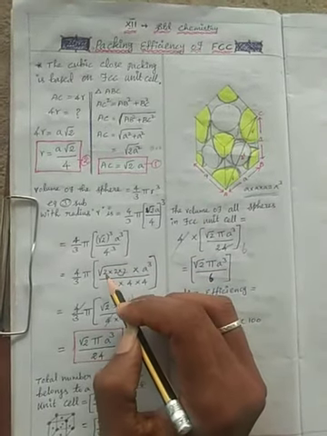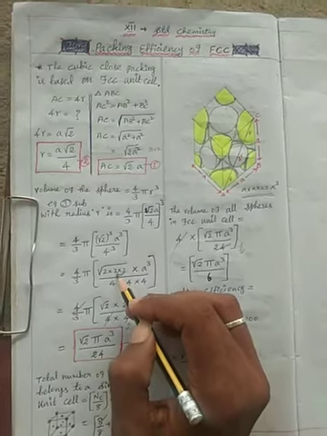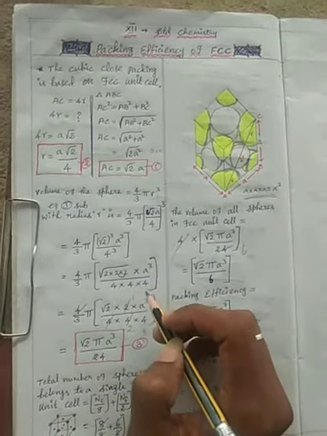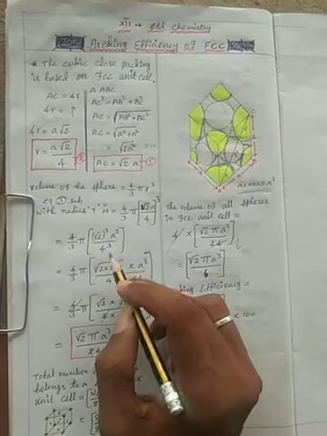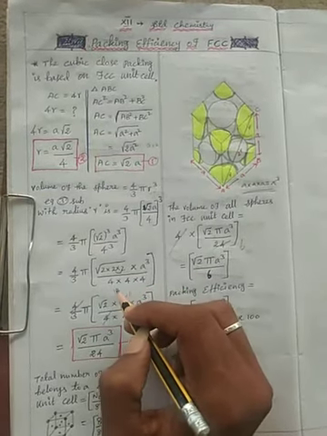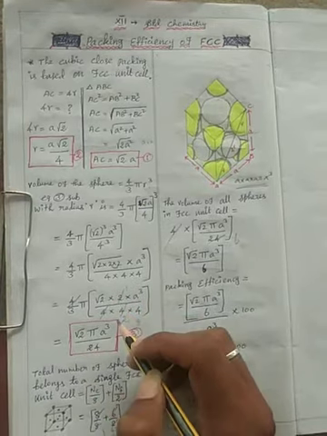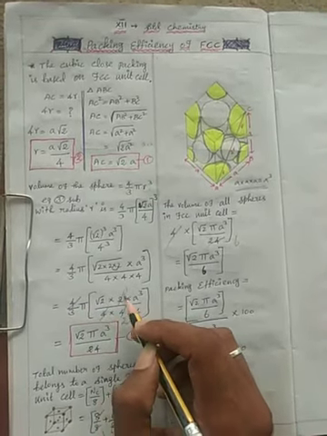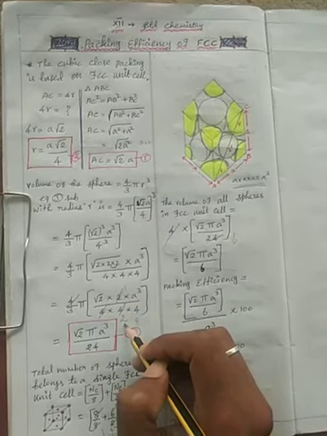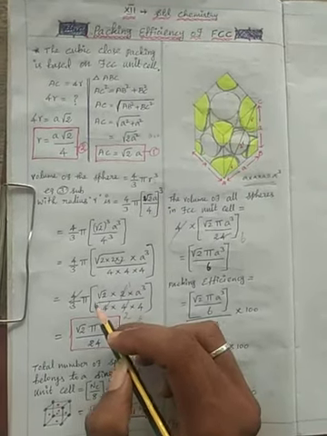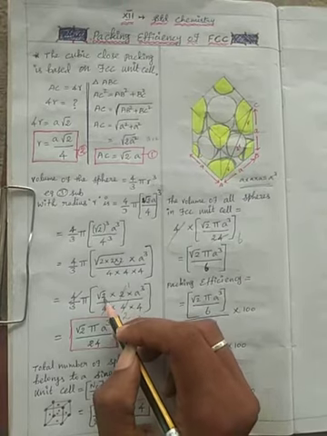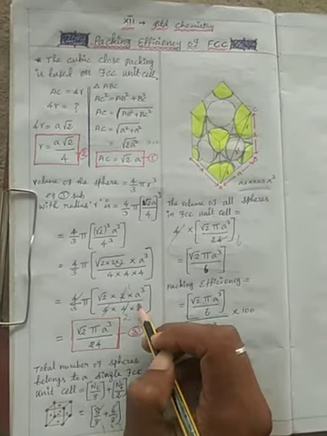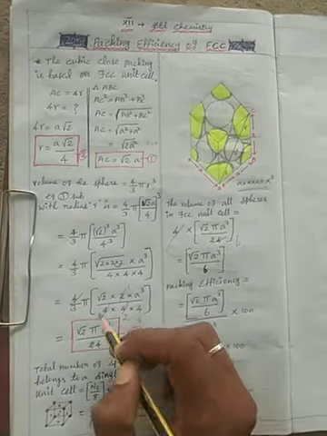Root 2 cubed is 2 into 2 into 2 root 2, so one 2 is removed, and the 4 cubed is expanded. Cancelling the 4s: 1 two is 2, 2 twos are 4. Above is root 2 pi a cubed, and below 4 twos are 8, 8 threes are 24.